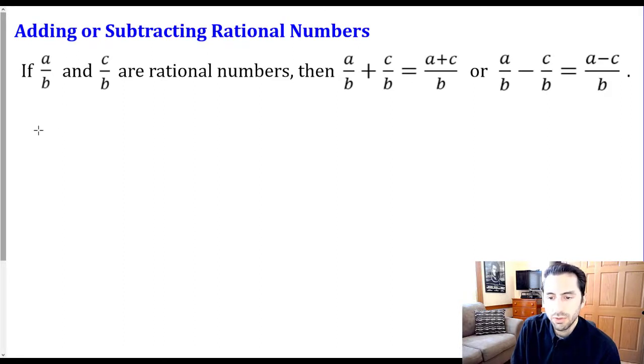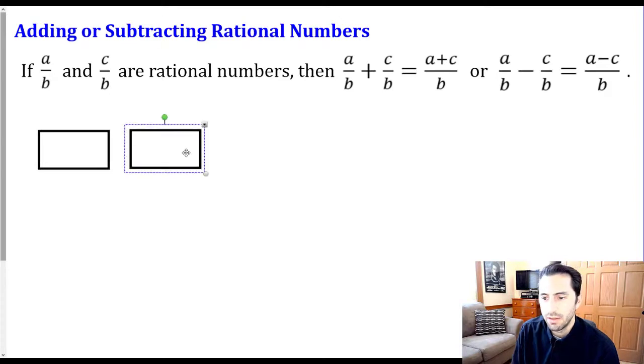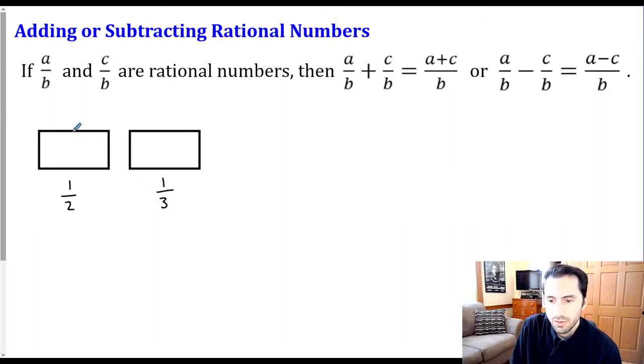So let's do a visual here. Let's say I just have a couple rectangles, and these rectangles I'm going to have represent a couple fractions. So for the first one, let's say this represents 1/2, and then my second one will represent 1/3. So if I split this first rectangle into two pieces, and shade in one of those, here's a visual representation of 1/2.